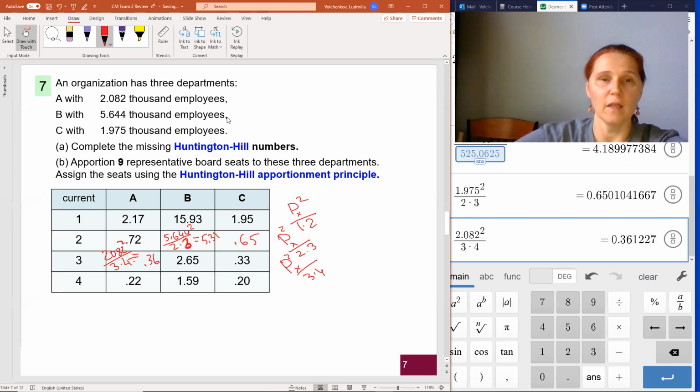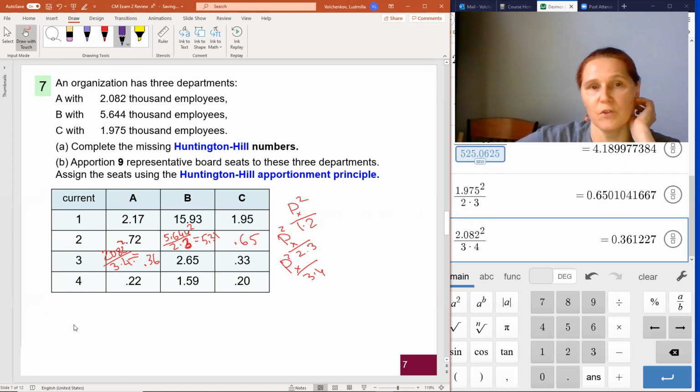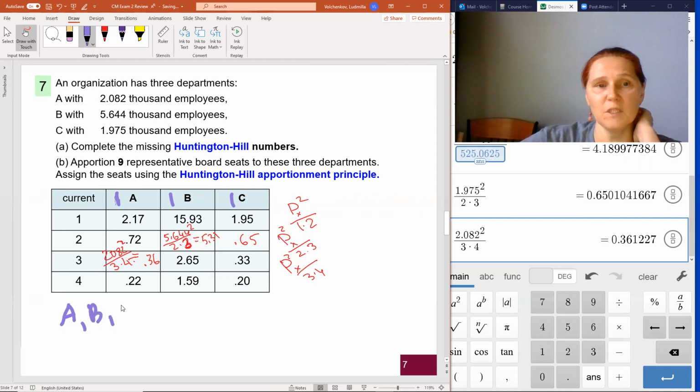So it is 0.36. And now we want to apportion 9 representatives. We know that the first 3 are already apportioned. When we start this apportionment, every department has already 1. So first we give 1 to every department, A, B, C, the first 3 seats.